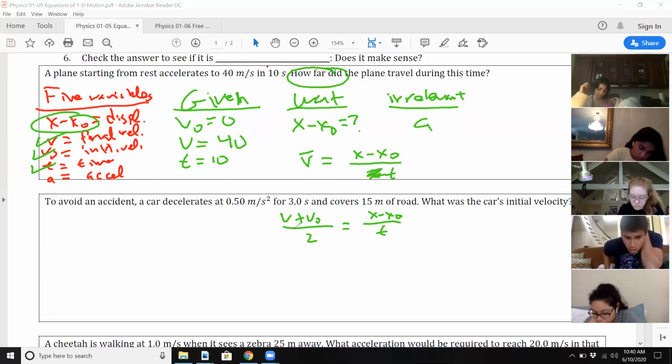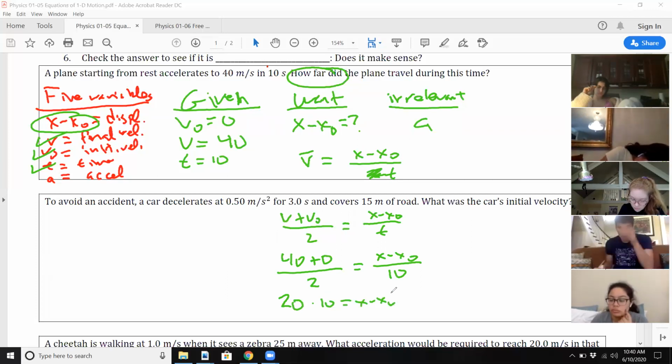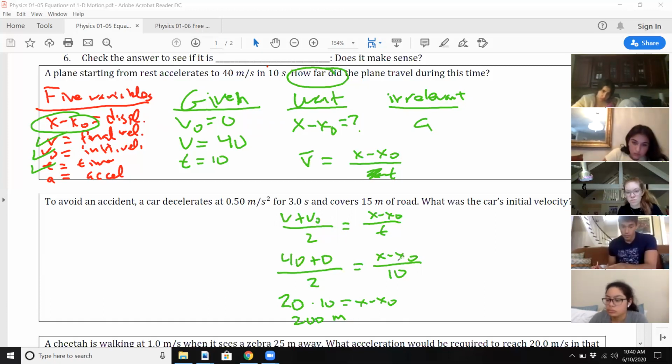So my final velocity is 40 plus 0 divided by 2 equals X minus X0 over 10. So in this case, it's just going to be 20 times 10, or 200 meters.